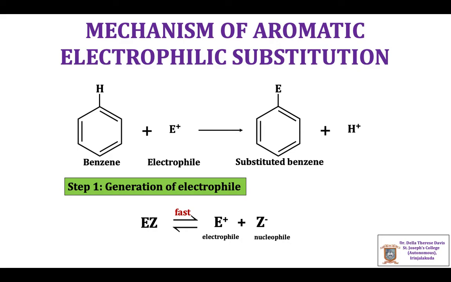In the mechanism, the first step is the generation of electrophile. From a molecule EZ, by heterolytic fission, E+ and Z- are generated, where E+ is the electrophile.